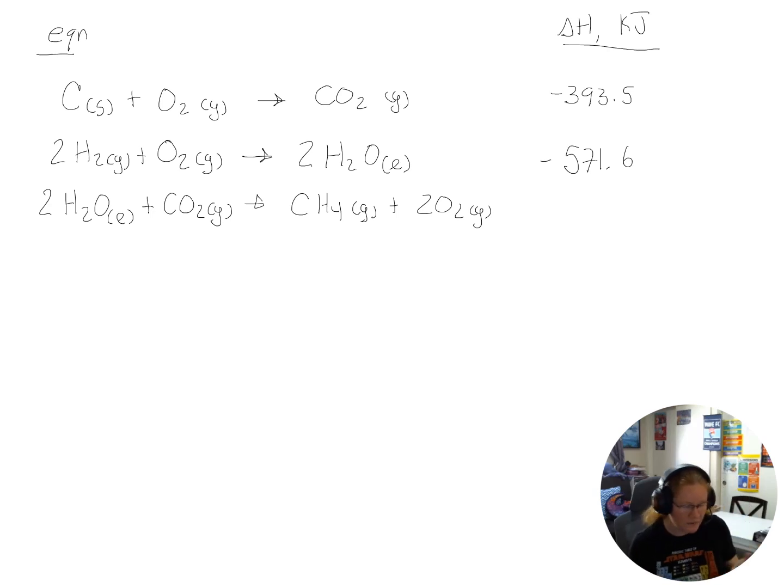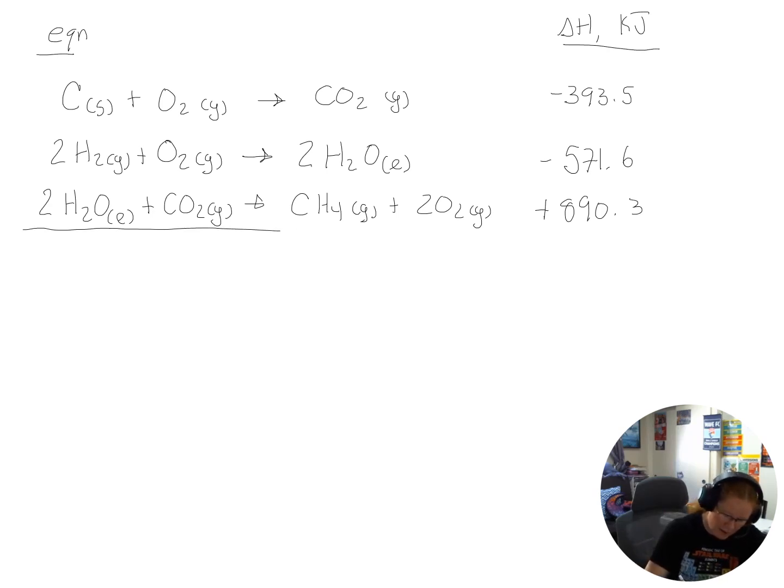All right, now the delta H given for that reaction was negative 890.3. Because we inverted the reaction, we have to invert the delta H. So we're going to get positive 890.3.